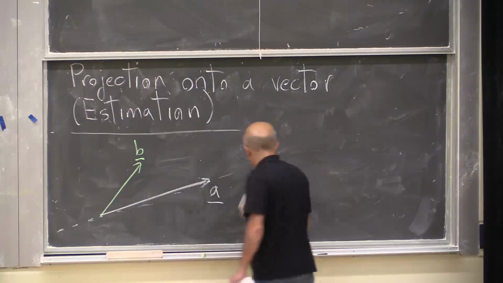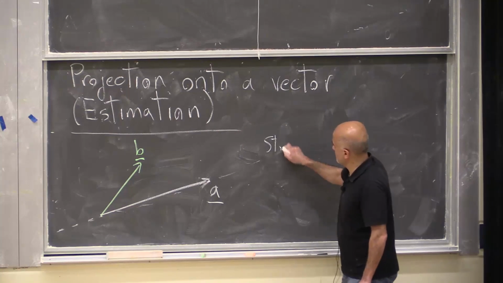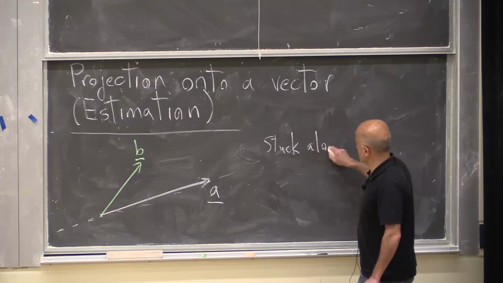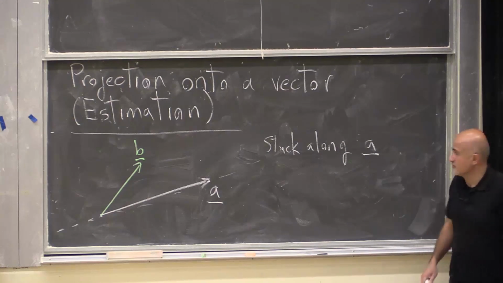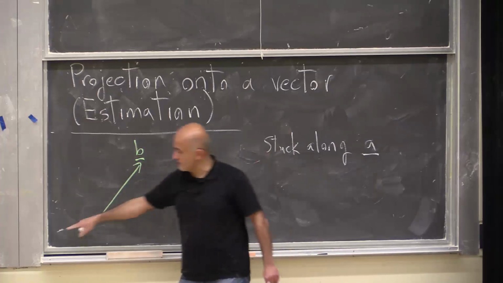So we're stuck along A. All we can do is march up and down this line.